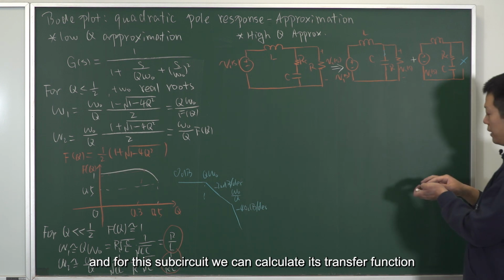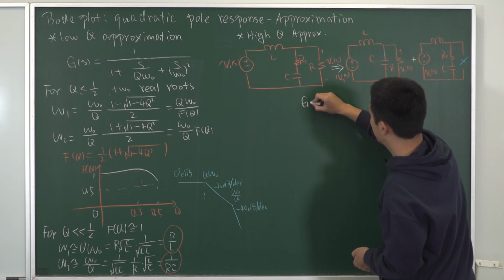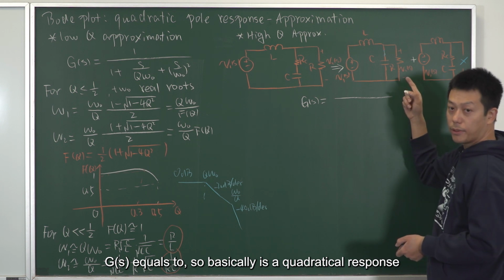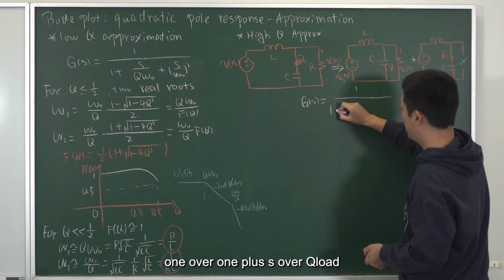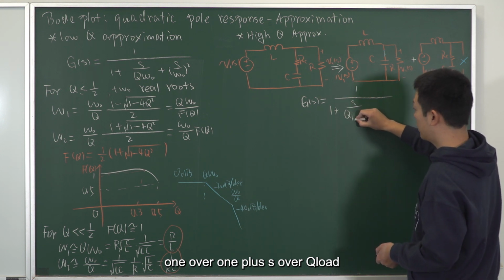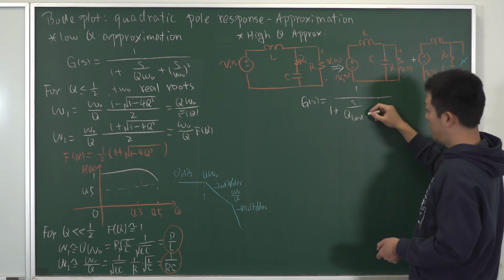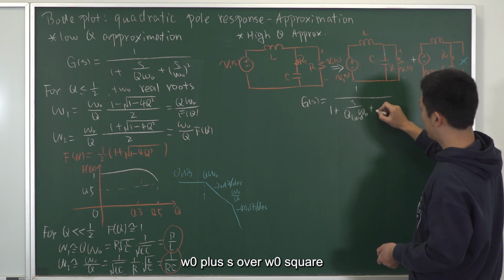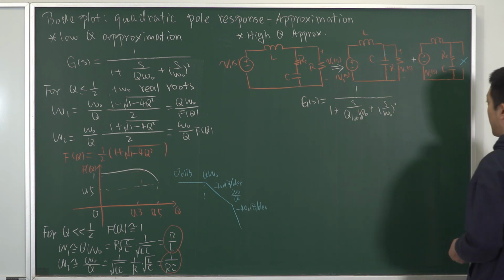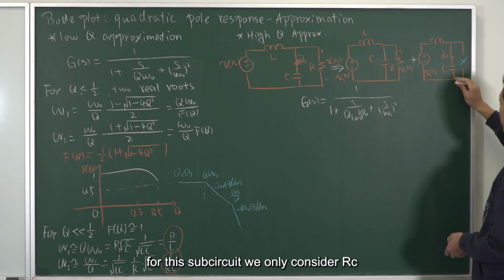For the first sub-circuit, we can calculate its transfer function. G(s) equals, basically a quadratic pole response, 1 over 1 plus s over Q load omega 0 plus s over omega 0 squared. Because we only consider the load resistor, we mark this Q as Q load. For the second sub-circuit, we only consider RC.